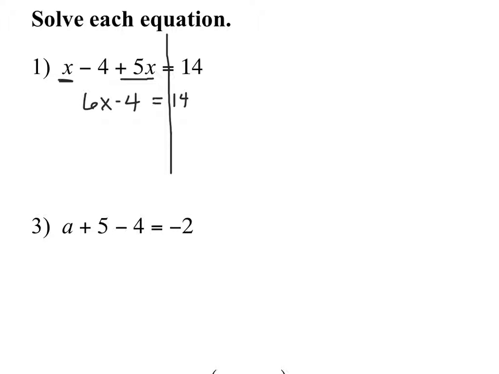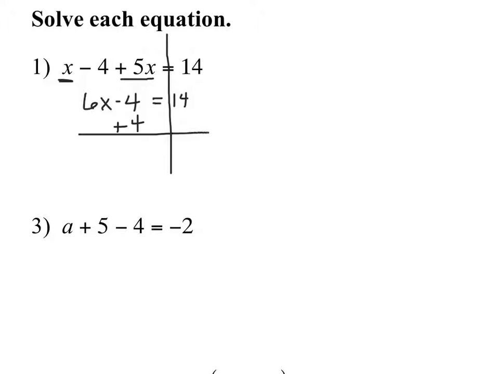Okay, so now, once I've done combining like terms, I can now try and get the variable by itself. So I'm doing PEMDAS backwards, so I'm looking for addition or subtraction. Well, here we have a subtraction of 4, or negative 4. What is the opposite of negative 4? Well, that's positive 4. So that tells me what I'm going to do. I'm going to add 4 to that left side.